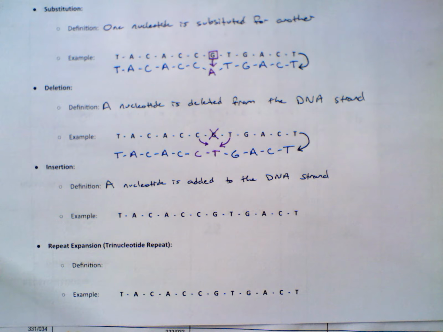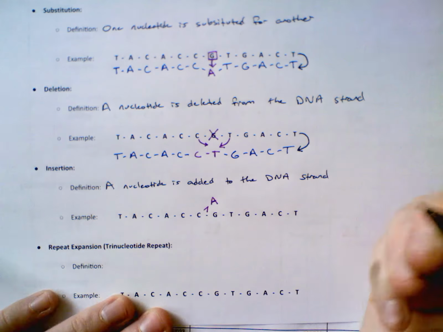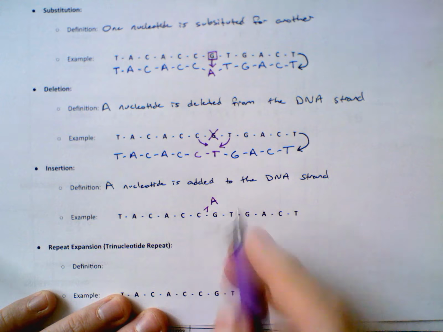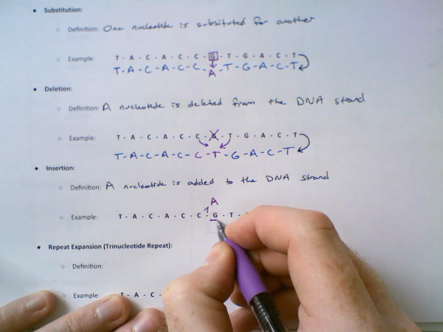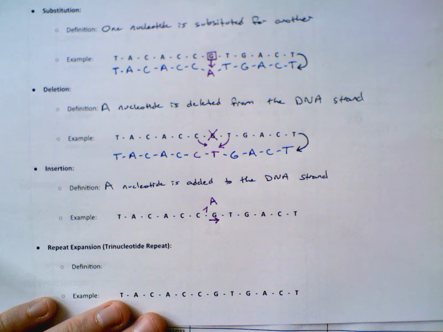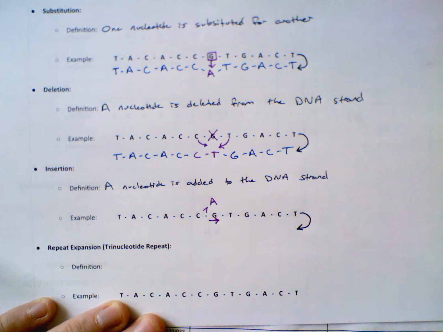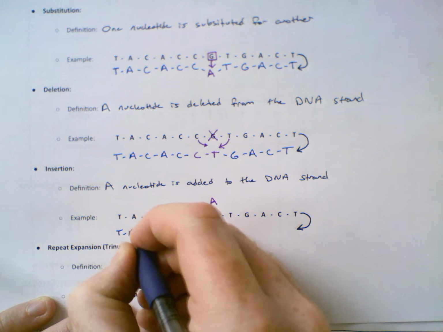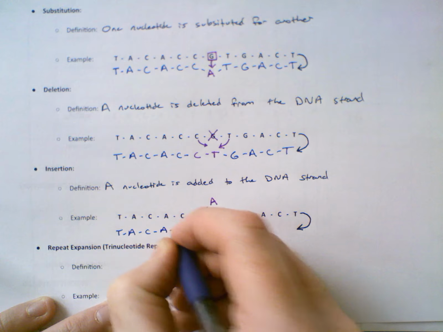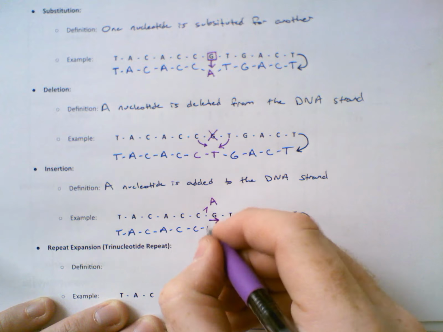And we'll do it right here in that same spot. So we're going to put in an adenine. And what that's going to do is it's going to push everything down after that adenine. Okay. So again, everything else is the same. Here is our added adenine.